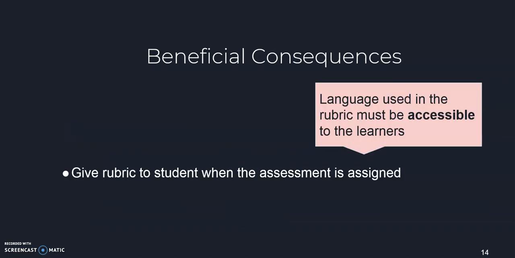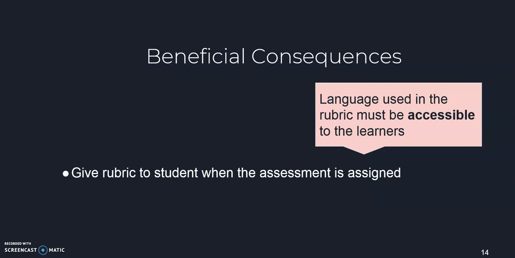And since we're going to give the rubric to the students when the assessment is assigned, we have to make sure that the language used in the rubric should be accessible to the learners. Again, this is specific to the context. If I were teaching beginner learners of English, the words that I use in my rubric would be very different from if I were teaching, say, graduate students in an assessment course.